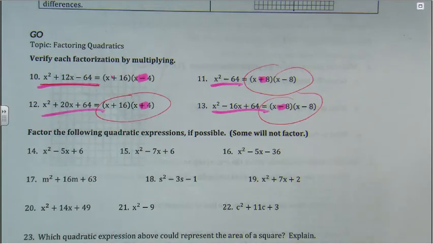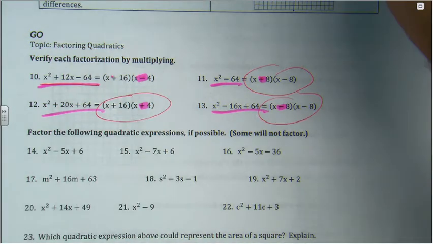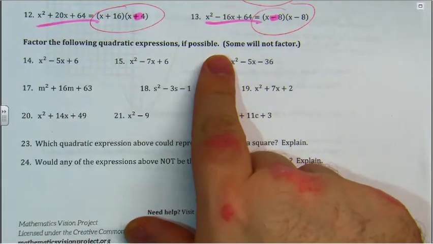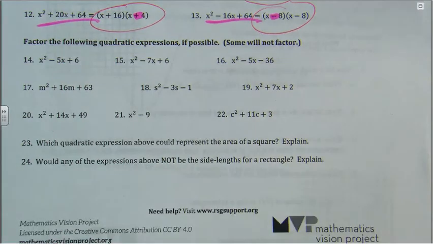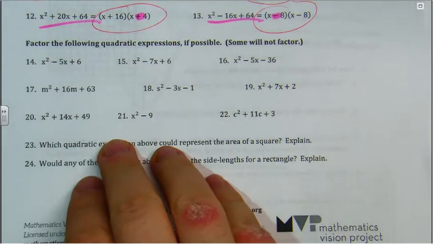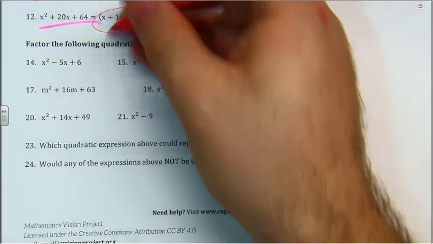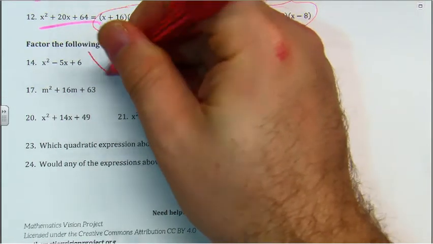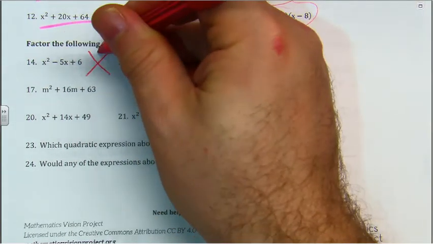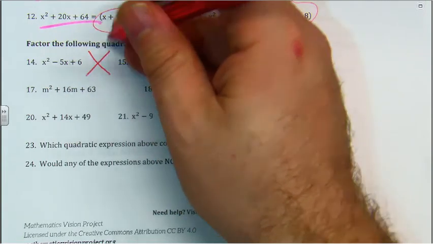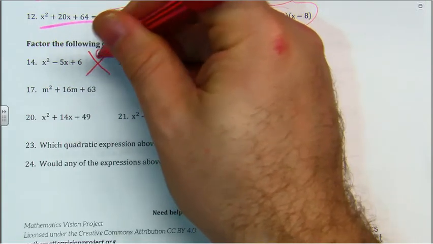All right, and then finally, it says, factor these if it's possible. Some will not factor. And just scanning it, looks like they're all a equals 1, so that's going to make it a lot easier, because in this case, we just need to make sure that our c value, what multiplies to be c, adds to be b.